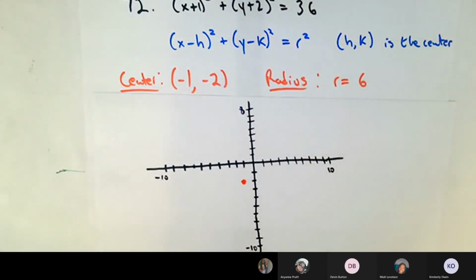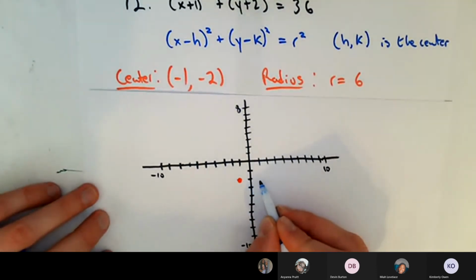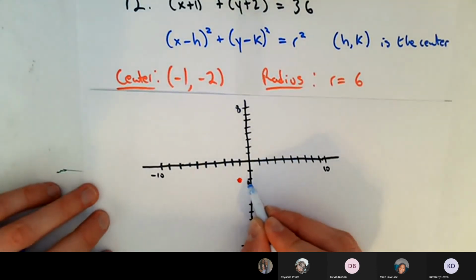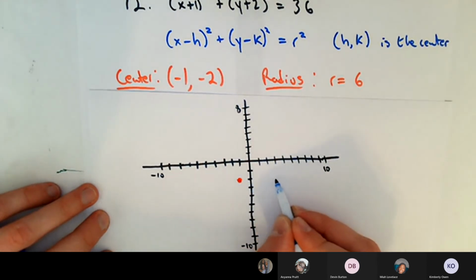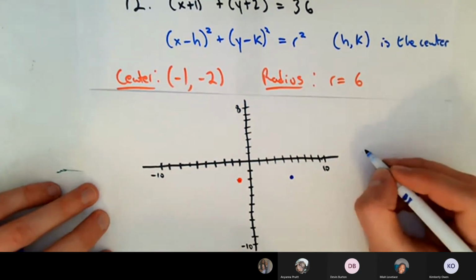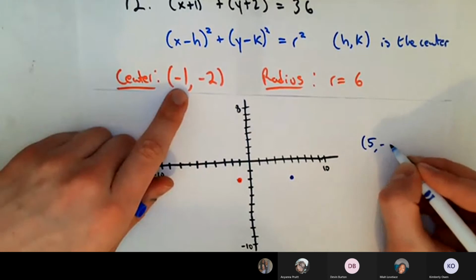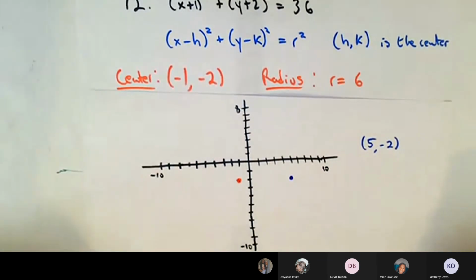So to find the point to the right of this, I'm going to go 6 this way. So I'm adding 6 to the x value. So I'm going 1, 2, 3, 4, 5, 6. That should be at the point, if I'm adding 6 to the x value, 5, -2. And it is, right?